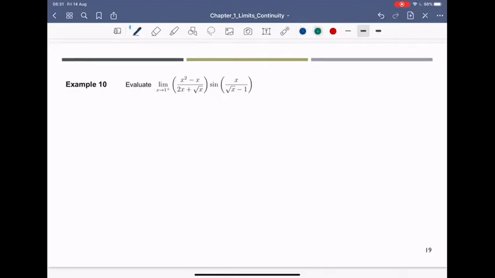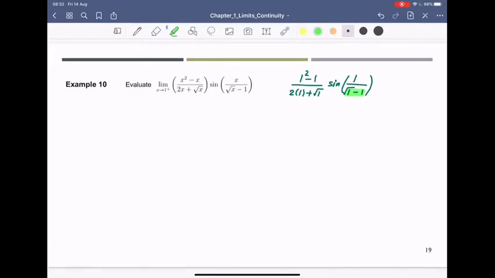If you don't know the Squeeze Theorem, you can plug in x equal to 1 into the function first, and then this is what you're going to have. If you plug in number 1 here, you can see the problem is you have square root of 1 minus 1 on the bottom here, which is going to be 0.